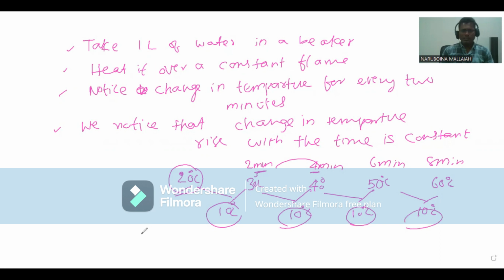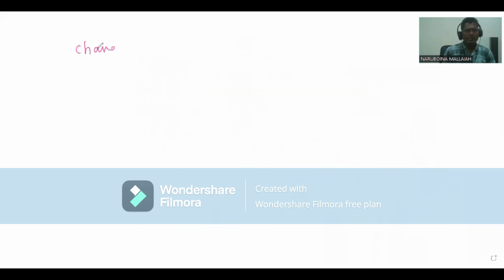So, this can be written as Q is proportional to delta T. That means the heat absorbed by the substance is directly proportional to the change in temperature. So the temperature rise with the time is constant.